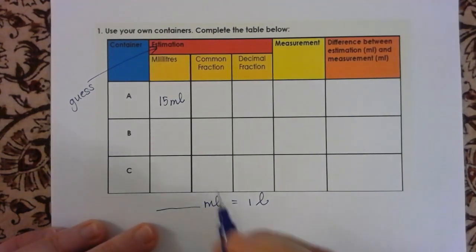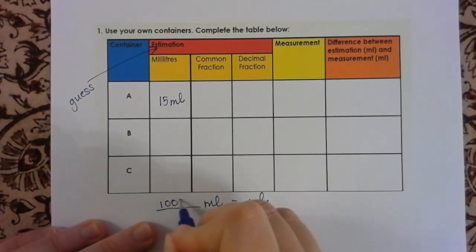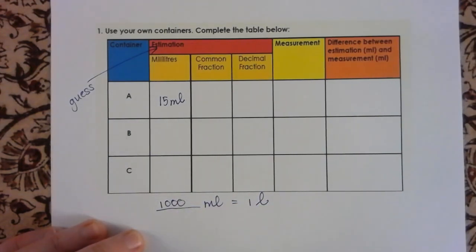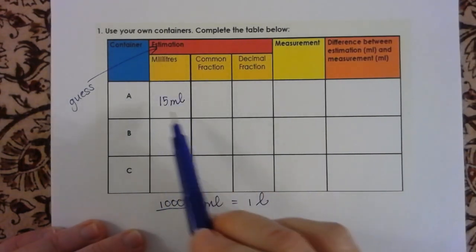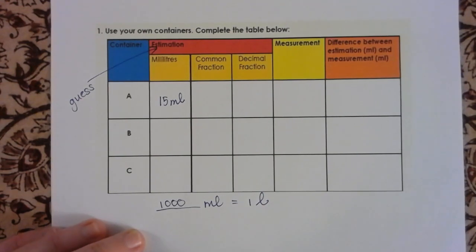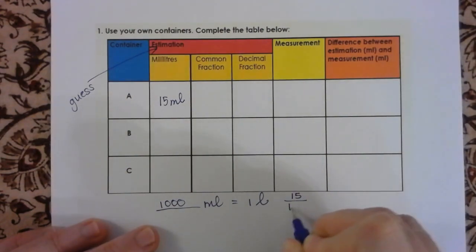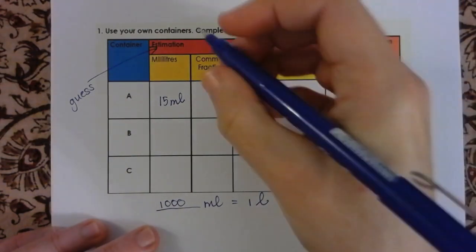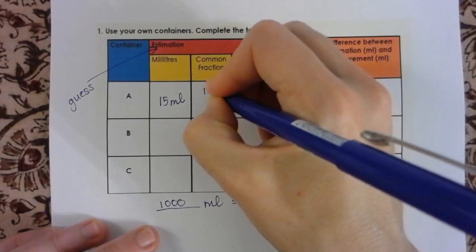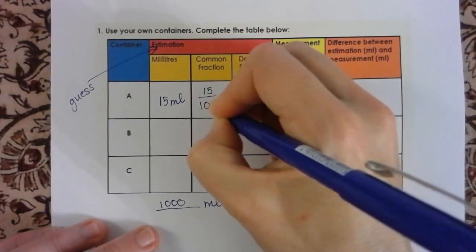So there is 1,000 milliliters in a liter. So if my measurement is 15 milliliters, what fraction will that be of a liter? That would be 15 over 1,000. That's my common fraction. 15 over 1,000.